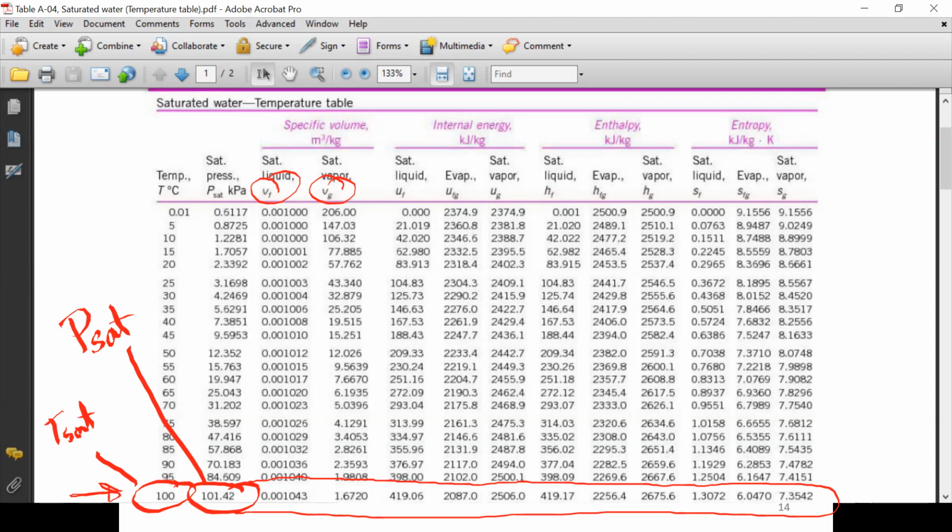Also we have internal energy of saturated liquid and saturated vapor. Also enthalpy of saturated liquid and enthalpy of saturated vapor. And the latent heat, hfg, the difference between hg and hf, the latent heat of vaporization.